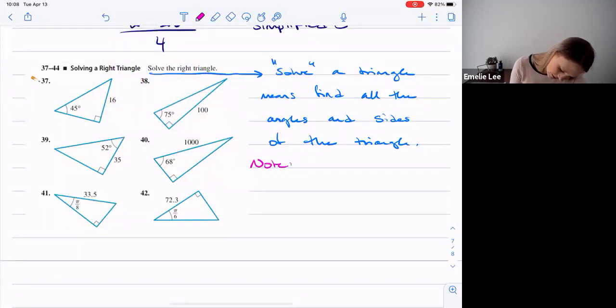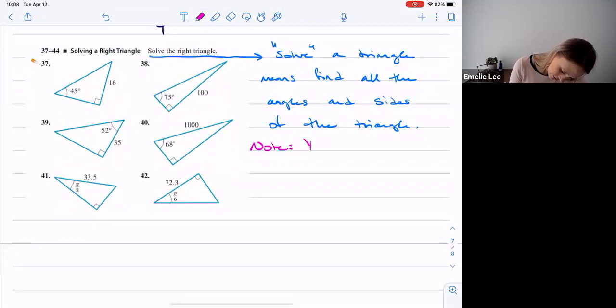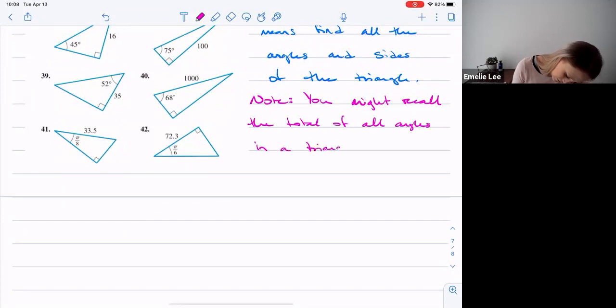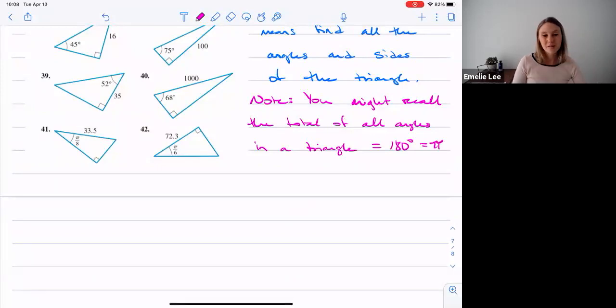So note, you might recall, the total of all angles in a triangle has to be 180 degrees, which is pi in radians. If you think about the half circle, that's a distance of pi.